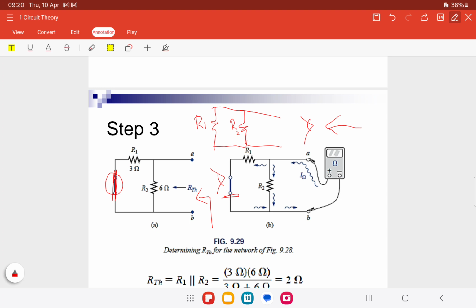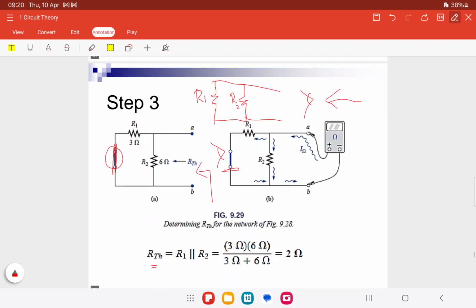Kenapa? Kenapa parallel? Yes, sebab source tu jadi short circuit. Sebab tu step number 3, short circuit voltage source, open circuit current source. Okay, so dia akan jadi parallel.